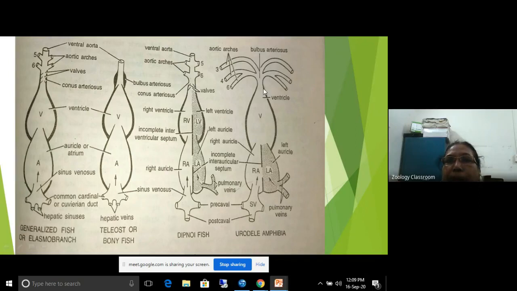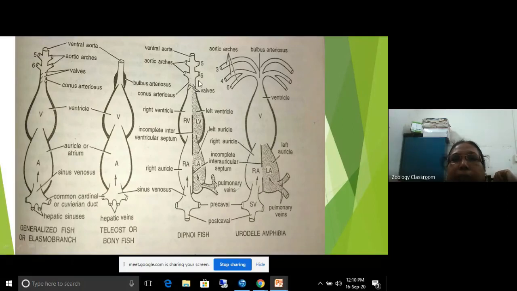The ventricle is thick and muscular, but there is no partition. The mixed blood from the right and left auricles is transferred to the ventricle, and from this ventricle it is transferred towards the aorta. This is called the bulbus arteriosus. In fish it is called the conus arteriosus; in bony fish it is also called the bulbus arteriosus, and in diploid fish the conus arteriosus.